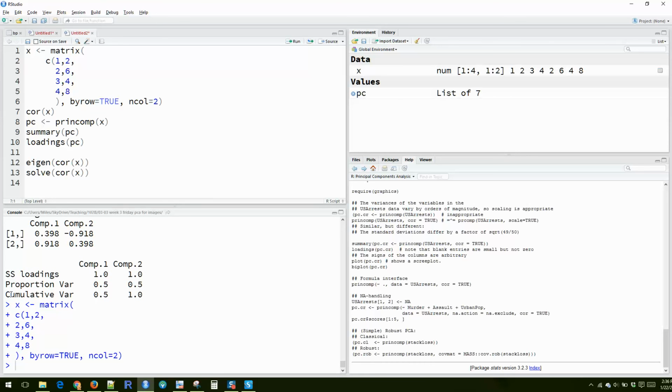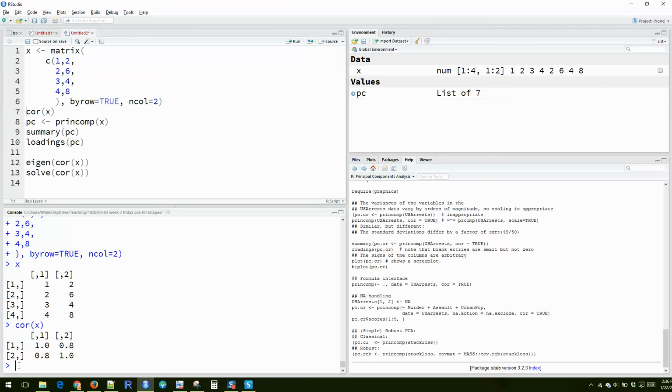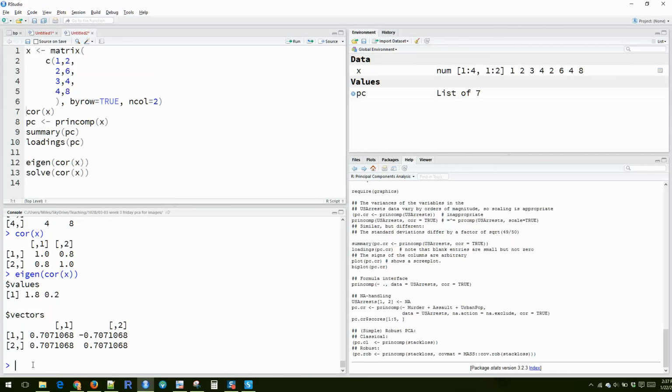Here x is this, and if I ask for the correlation of x, this is our correlation matrix, 1 and 0.8. Then I can ask for the eigenvalues of the correlation matrix of x, and indeed this is what we get: 1.8 and 0.2.